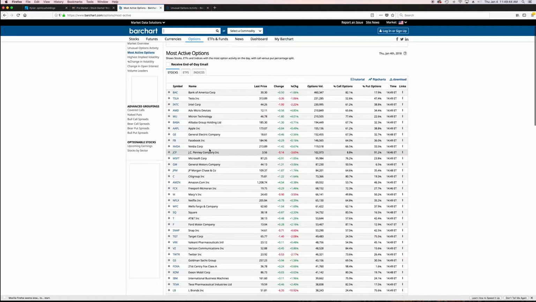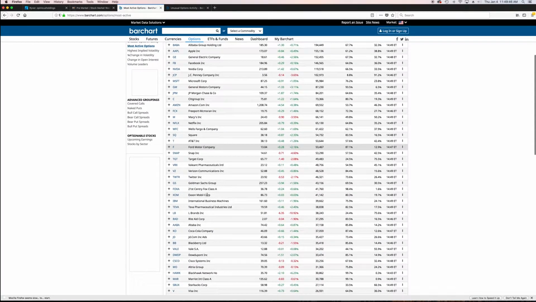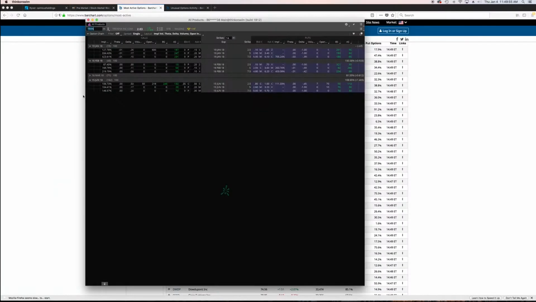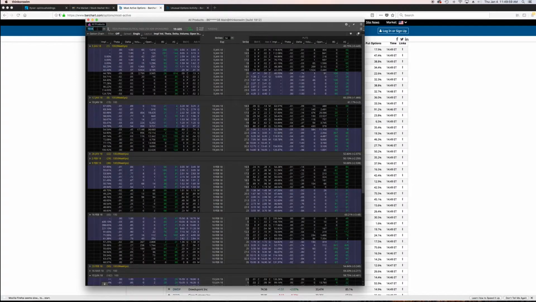They're all kind of in the top 10 here, and so all of these in here will have nice liquidity. Let's look at this pharmaceutical company, TEVA. And you can see some decent volume on the in the money and at the money options, which is ideal. Again, you want that audience. That is key for options trading.